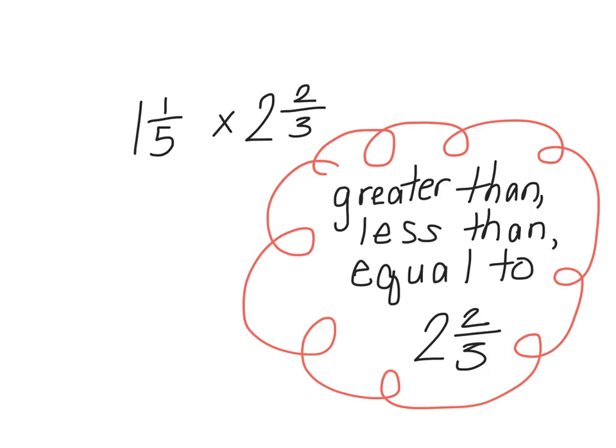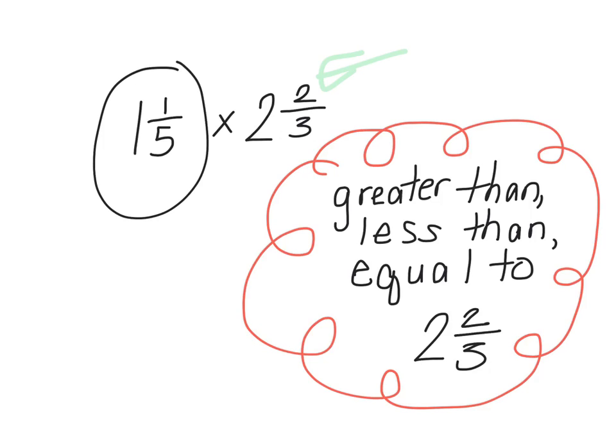So, if I am multiplying 1 1/5 times 2 2/3, and I'm trying to figure out if my product is going to be greater than, less than, or equal to 2 2/3. Here's 2 2/3. What am I multiplying by?